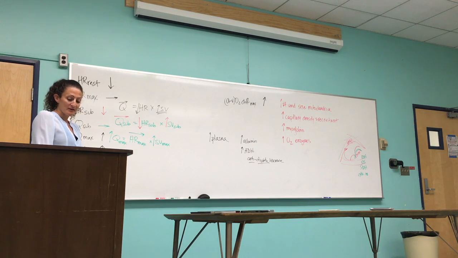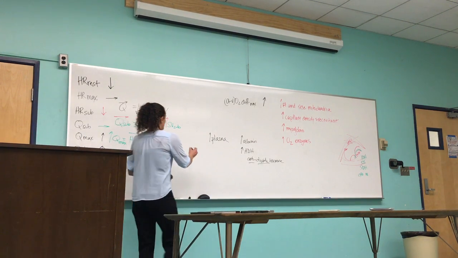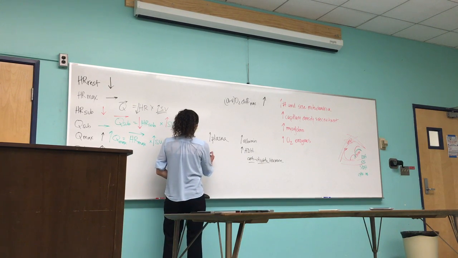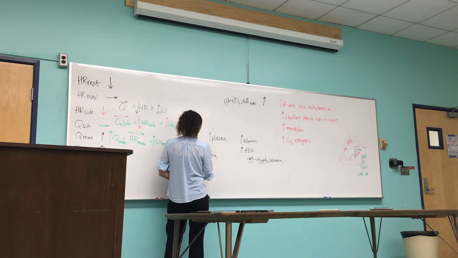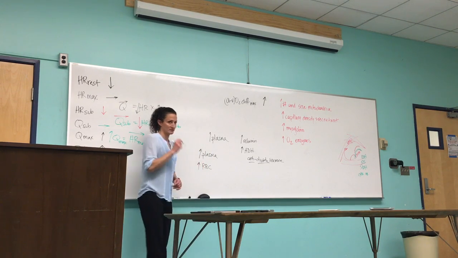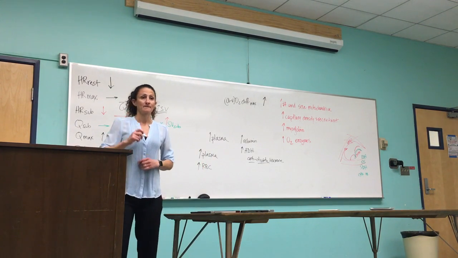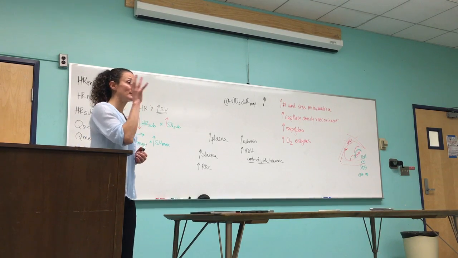So, what then happens to hematocrit? If we have plasma increasing and red blood cells increasing, remind me again what hematocrit is. Ratio of red blood cells to total blood volume.